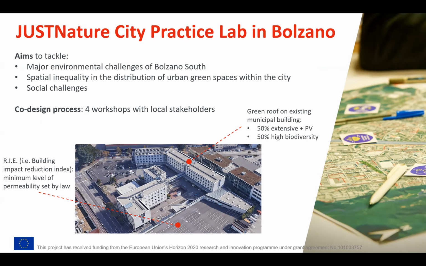So we will be able in the future to see the different effects of this application, and also through the project by a co-designing process, including workshops with stakeholders, we will be able to involve all the population in the area.